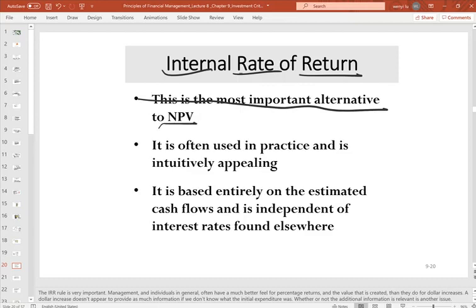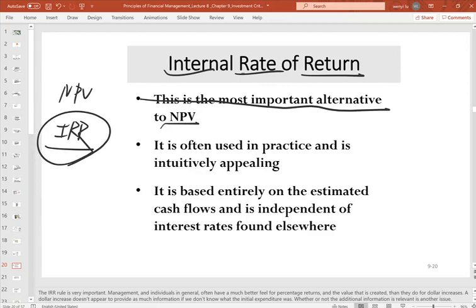So NPV is the first important, next is internal rate of return, because this one is easy to interpret. So in many industries, the management sometimes prefers to show this one in their reports.